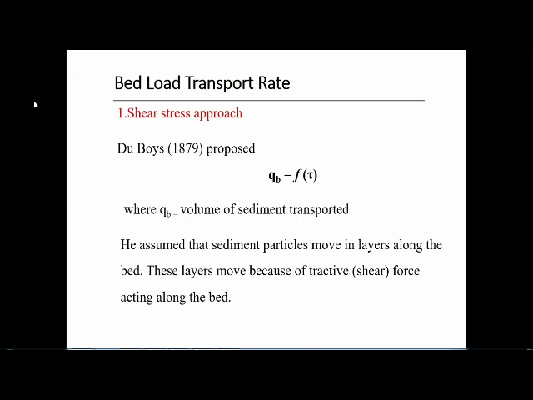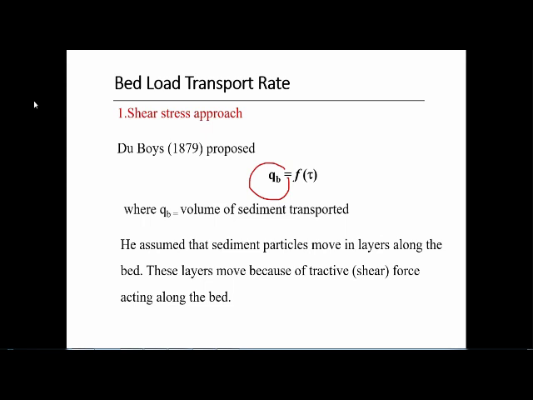Du Bois in 1879 proposed that the bed load transport, which is Qb, is a function of the shear stress. Du Bois was the first person to explore sediment transport equations.